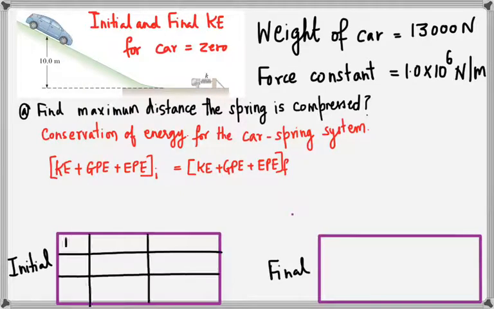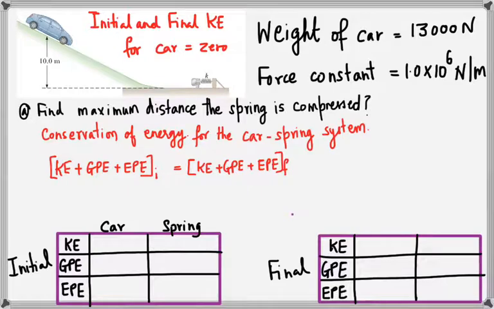Now to make it simpler, we will make a table to find the initial and final values for the car and spring, and then we can come back to the equation and substitute, because the initial and final values which you have to substitute in these two places consist of both the car and the spring. So we'll draw a table to make it easier to understand.